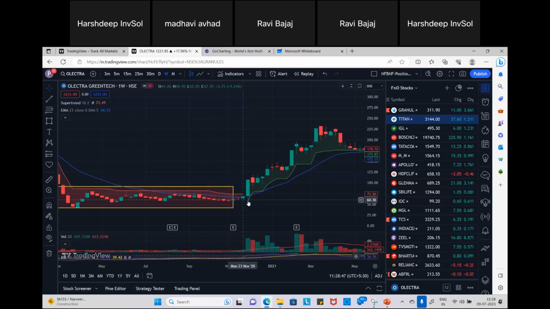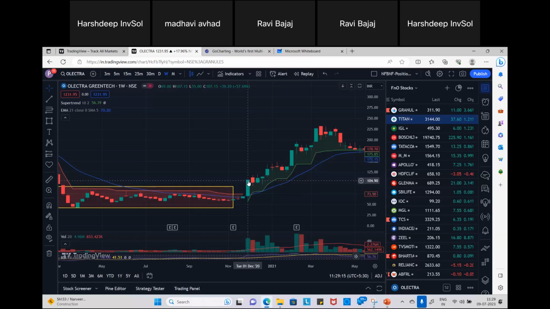Your entry can be in two ways. One is you become a little stricter and take an entry above the close of the candle which changed the Supertrend indicator.